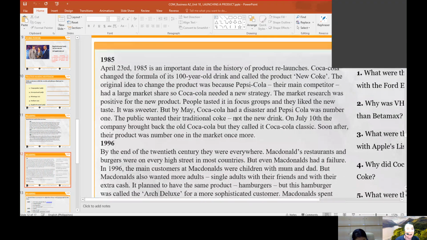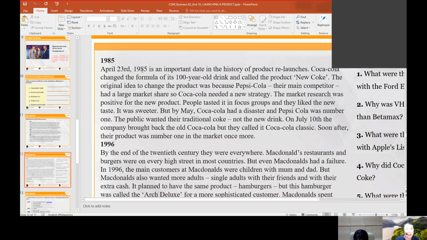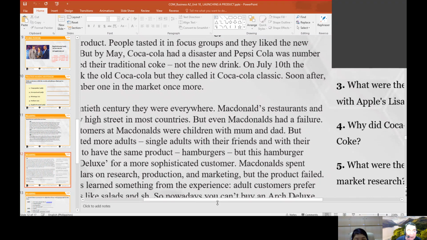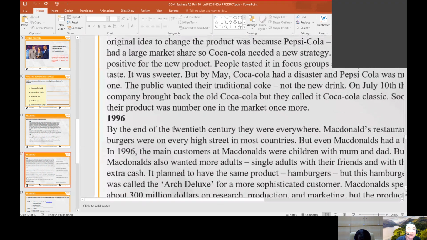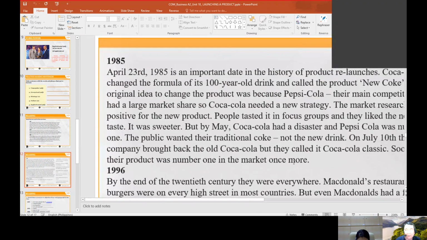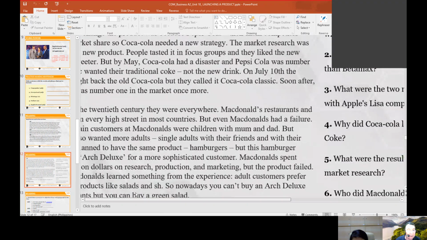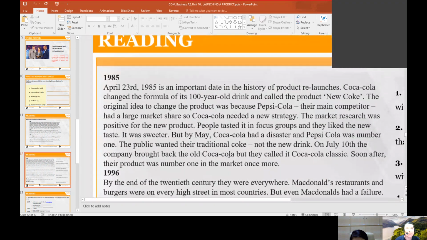Okay, in the year 1985. Can you read this one, Toy? Okay, so in the year 1985, what does it say in here? Apple. Okay.